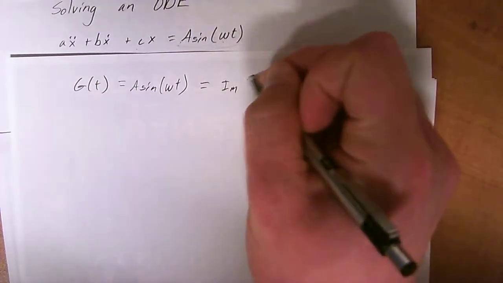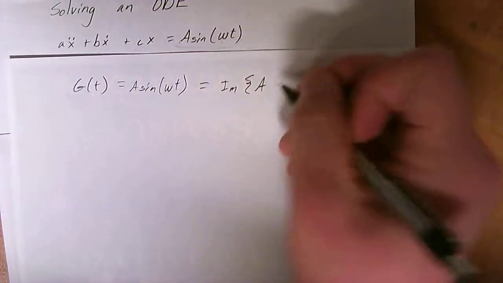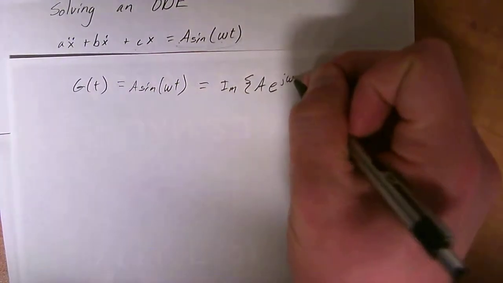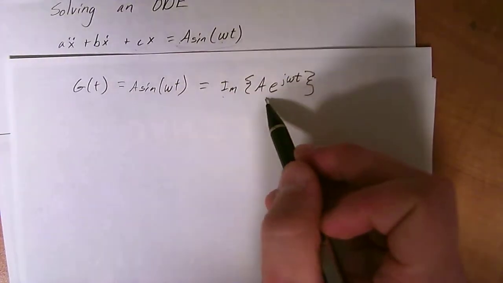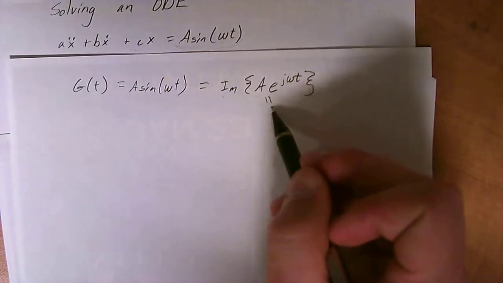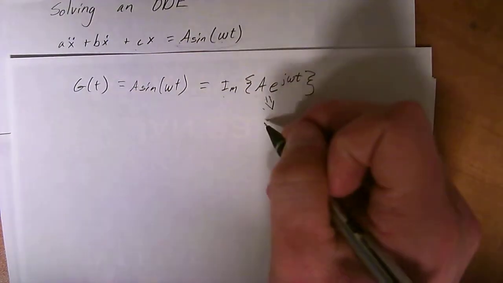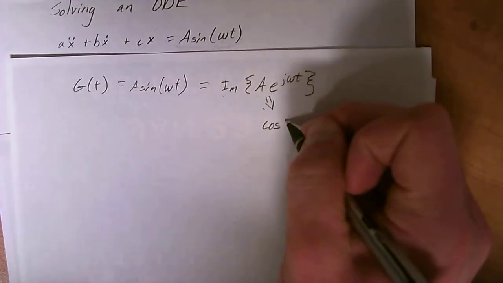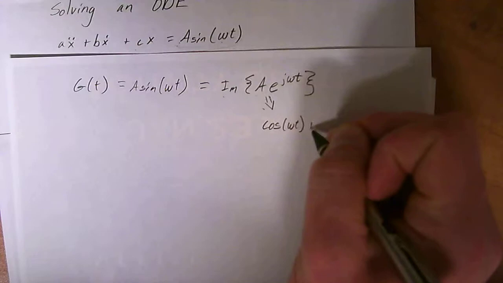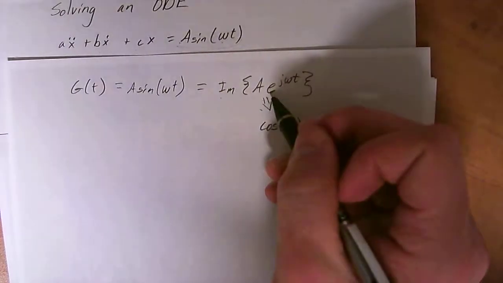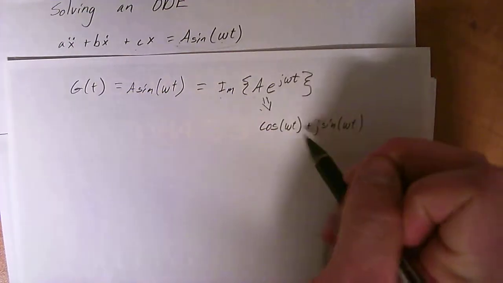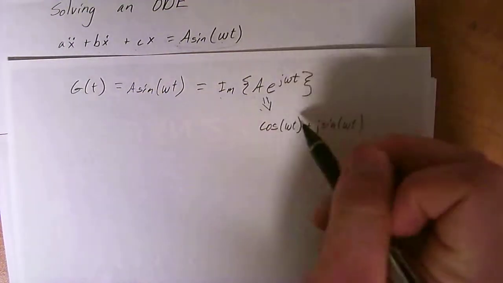Let me move something here. This is also equal to the imaginary part. The reason I'm bringing this up is for the people in vibrations. This is a vibrations course. So the imaginary part of this, because this part is normally equal to cosine of omega t plus j sine of omega t.